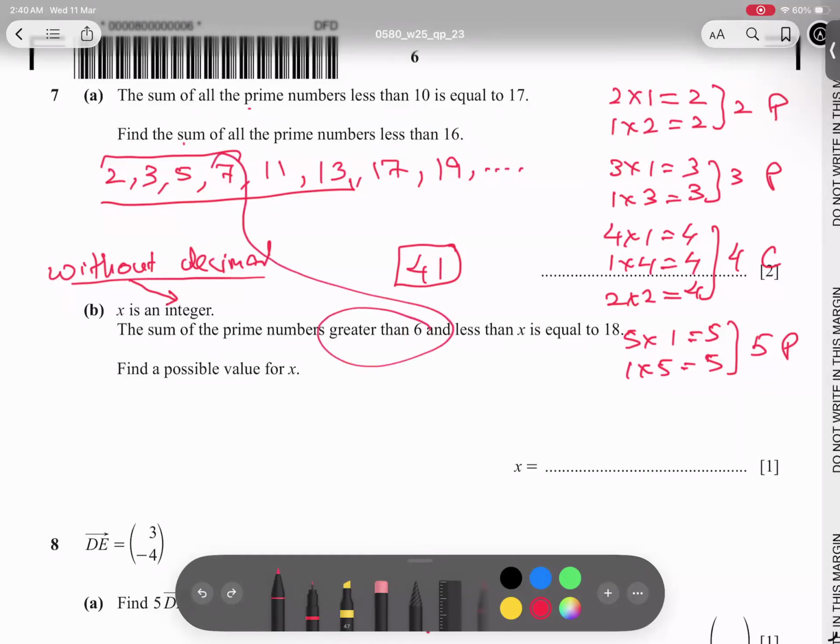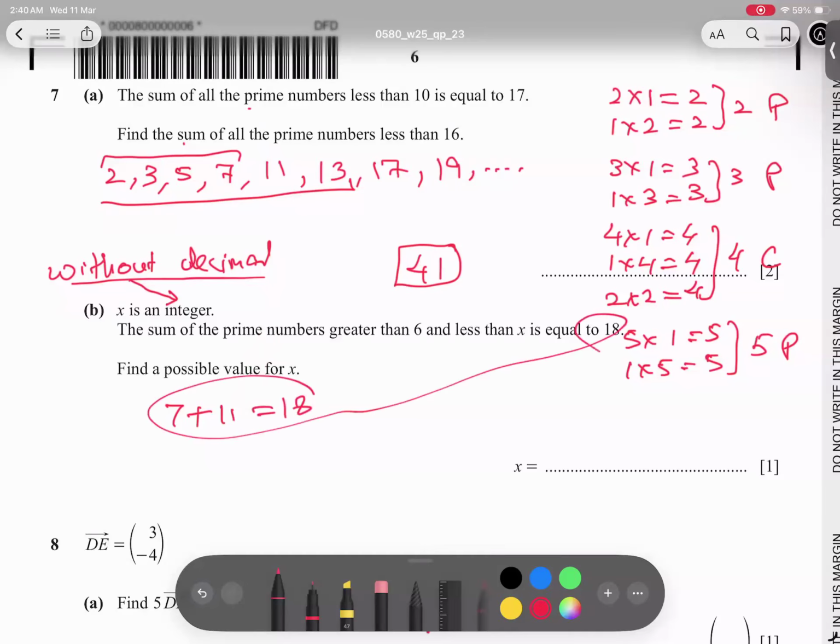Greater than 6 means 7, 11 onwards, so 3 cannot be possible. I can start from 7, and the other number is naturally 11. If I add them, it gives us 18. So he said the sum of the prime numbers greater than 6 and less than x equals 18, so x could be 13.